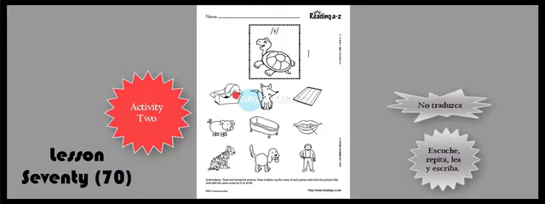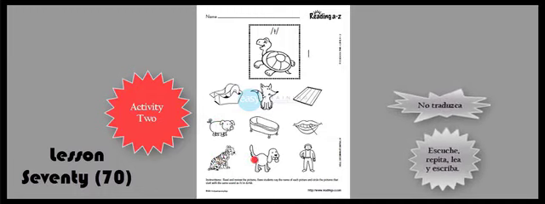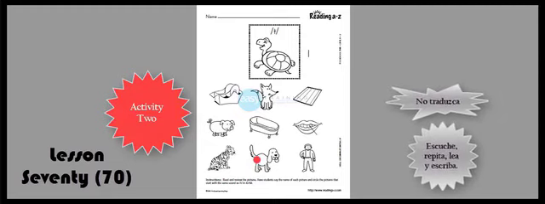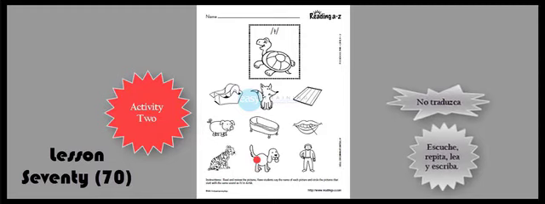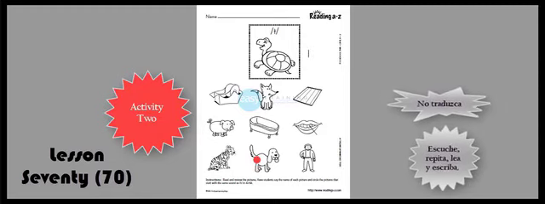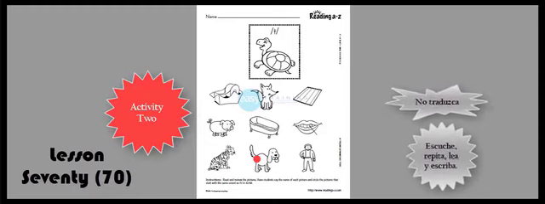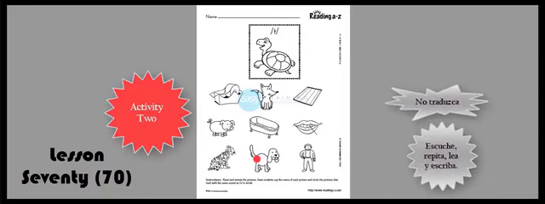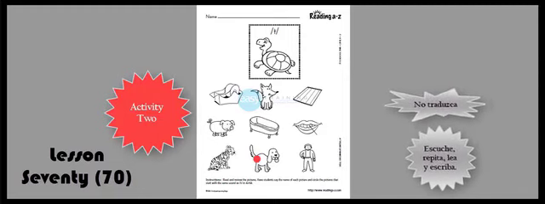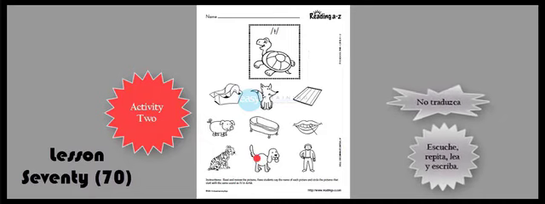We are going to name the objects in these pictures and find which names begin in T sound and which names do not begin in T sound. After naming the pictures, we're going to make the two kinds of sentences about words beginning in T sounds, and sentences about words that do not begin in the T sound. Now, let's do it. First, we are going to name the pictures.